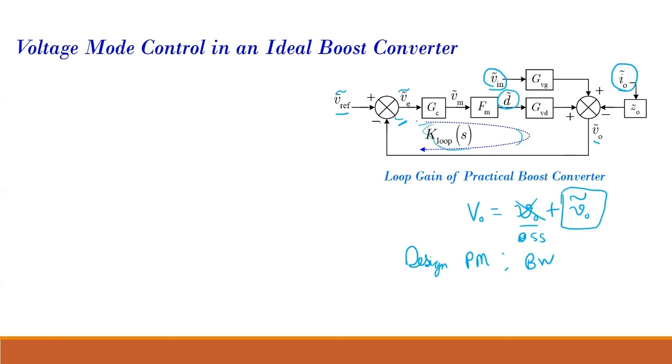In my closed path, I have Gc, I have Fm, I have Gvd. Z output and Gvg do not form a part of the loop. They are just external things, like disturbances. But this is a part of the loop. So my loop is given by Gc into Fm into Gvd.